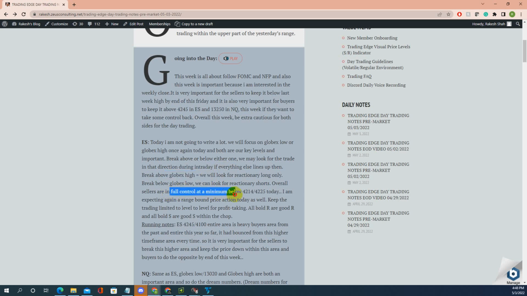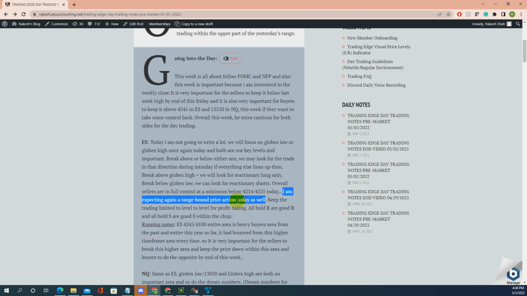Overall, sellers are in full control below 14.25 today, and I'm expecting range bound price action today as well. See, the range bound expectation alone will give you a trade. You don't even need levels. Yes, you need a level in a way, but you can fade it.